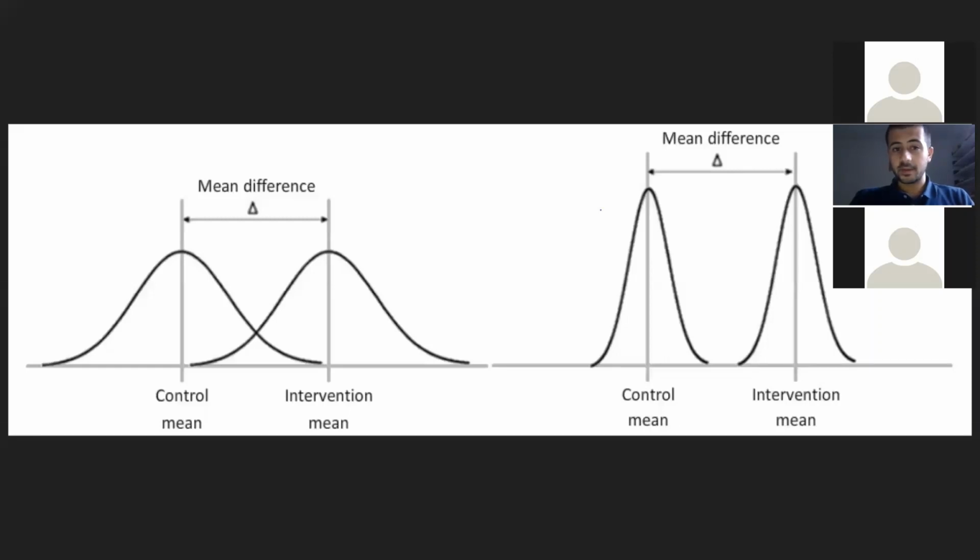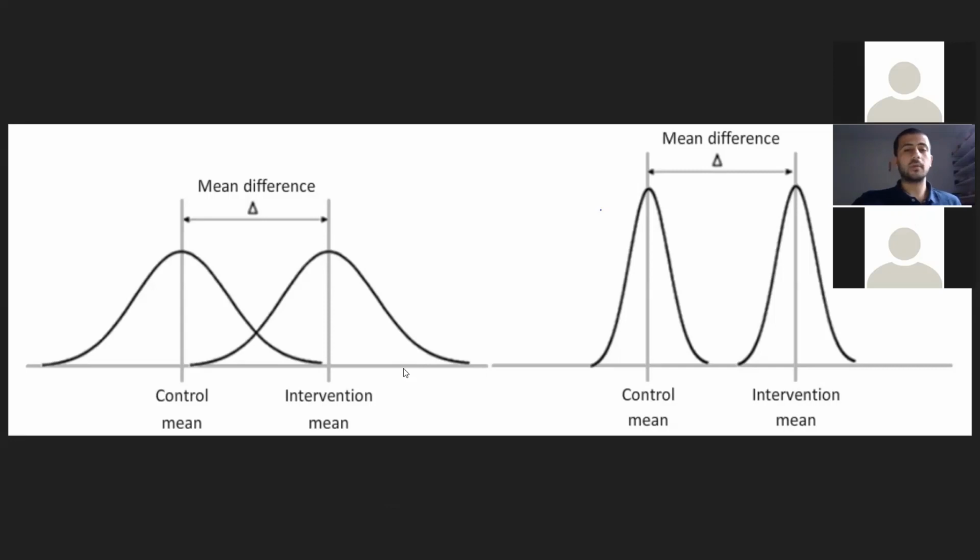Okay, so if I have this overlap, I should do either one of two things. Adding more participants, so I have less variance and I reach this, or I, for example, increase the dose of my intervention. If I increase the dose, the difference will be higher.